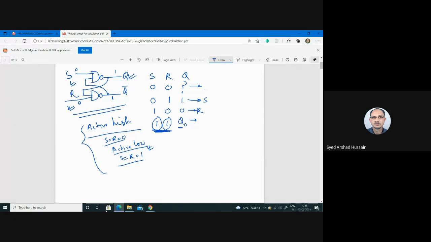Okay, now you design this active low circuit using NAND gates. Now you design a flip-flop which will be active high. You can replace this NAND gate using NOR, and automatically it will be active high. But I want you to design a flip-flop using NAND gate only, which will act like active high.